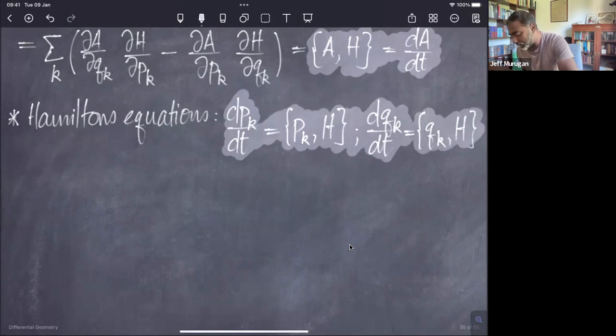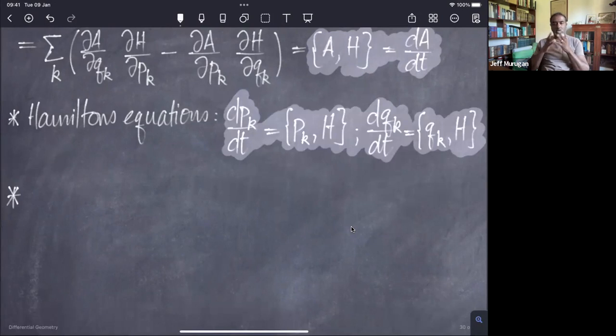And what we'll see in the next lecture is how this shapes our thinking about the geometrical formulation of classical mechanics. But it also gives us a nice way of thinking about conserved quantities. A conserved quantity is one which does not evolve in time.